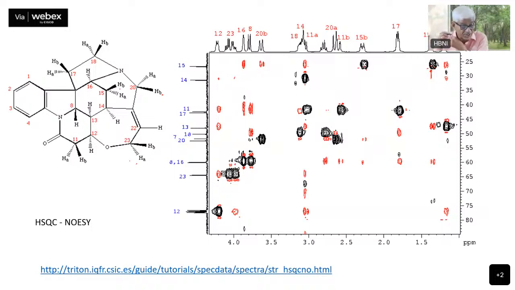And 11, where is 11? 11 is here, this side. This may be the 11 one. Yeah, you are seeing to 14, 11 and 23. So therefore, this will confirm the structure.